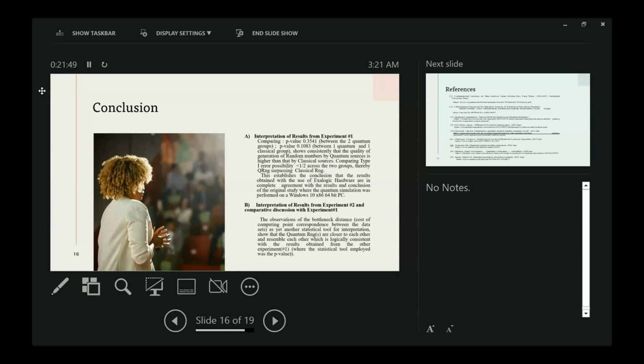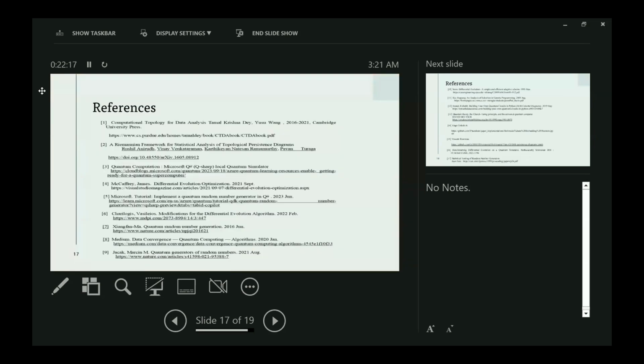Now this experiment was also performed in one of the original works where the hardware was a Windows PC, and in this study that was carried forward with the Exalogic computing platform, a high performance computing platform, and the results were consistent across that as well.